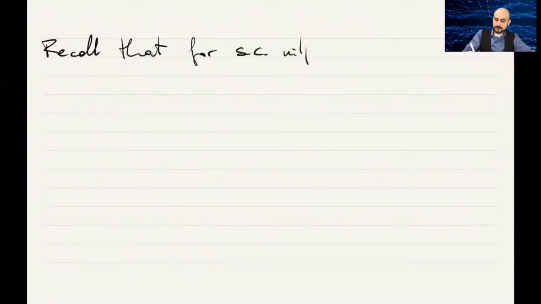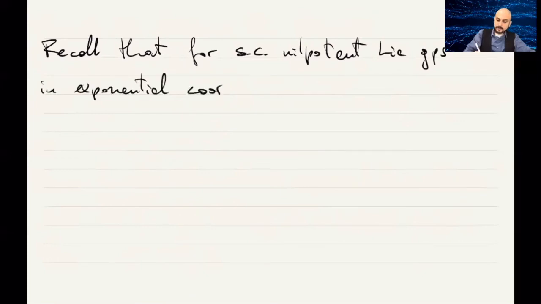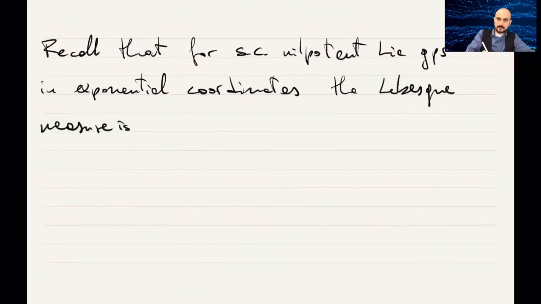Then let me recall something more. For simply connected nilpotent Lie groups in exponential coordinates, this Lebesgue measure is both left and right invariant.